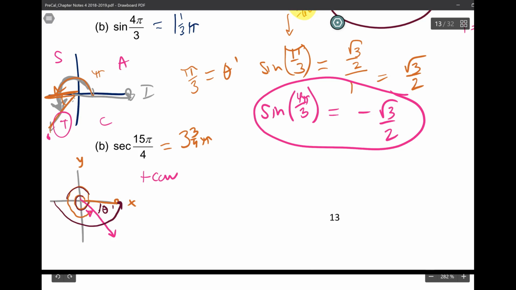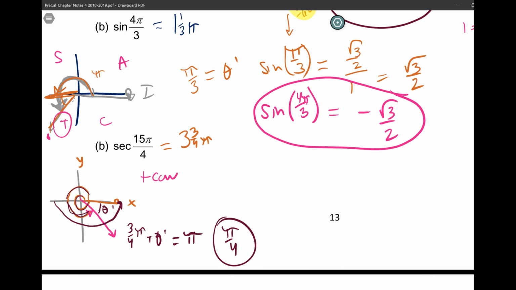I know that this was a 3/4, so I have 3/4 pi plus whatever this angle is going to equal pi, because the total is basically 180. 180 is pi. So if I subtract 3/4 pi on both sides, I will get pi over 4. That is my angle, pi over 4.